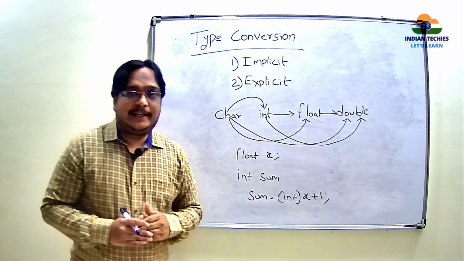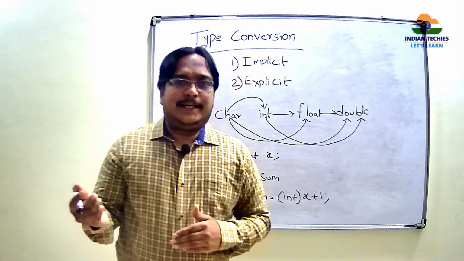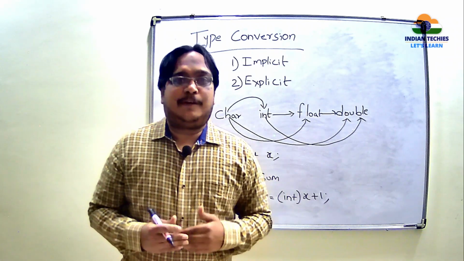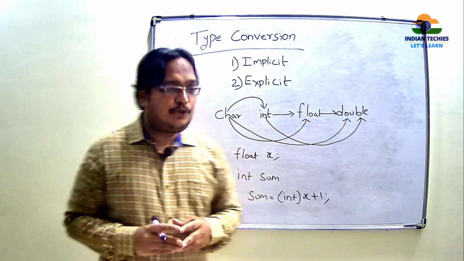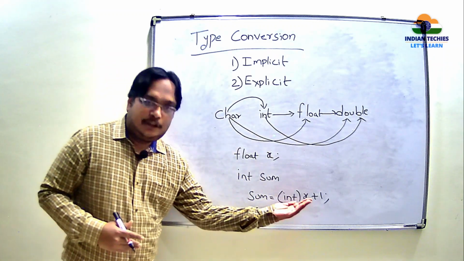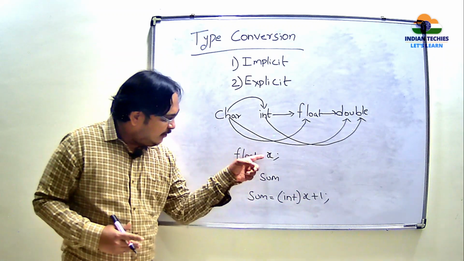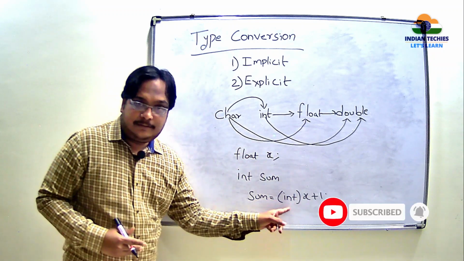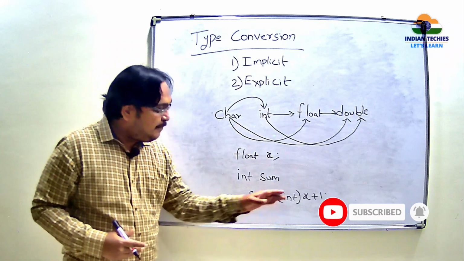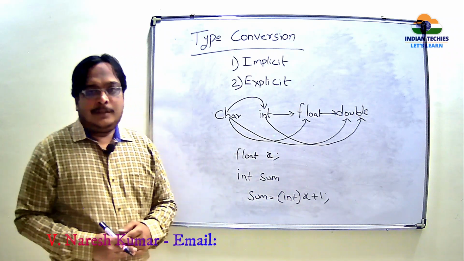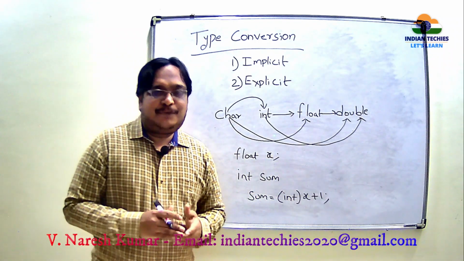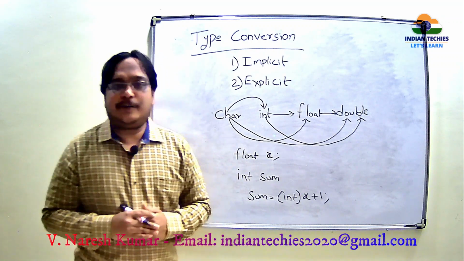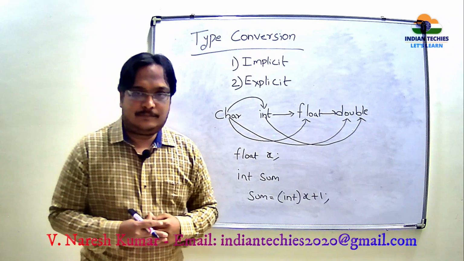So in explicit conversion, a bigger data type can be converted to a smaller data type with the help of the user, who has to specifically mention it like this. We declared x as float, and this forcibly converts x into integer. If you don't mention anything, and you are performing addition between a character and integers, the character will be converted into an integer by default. You need not mention it.